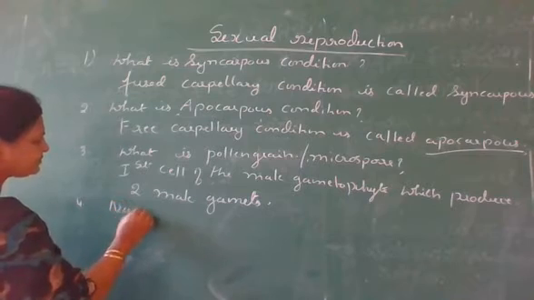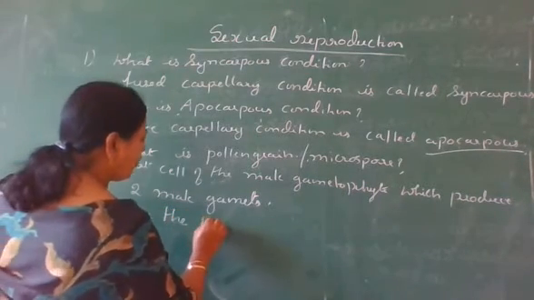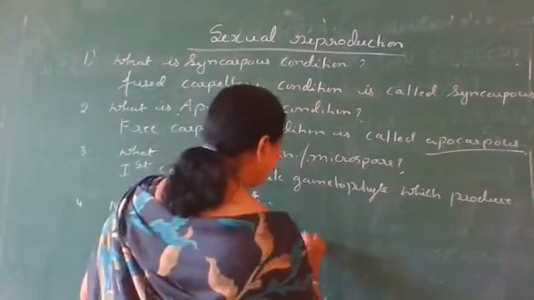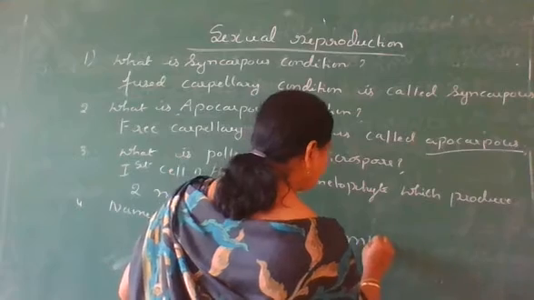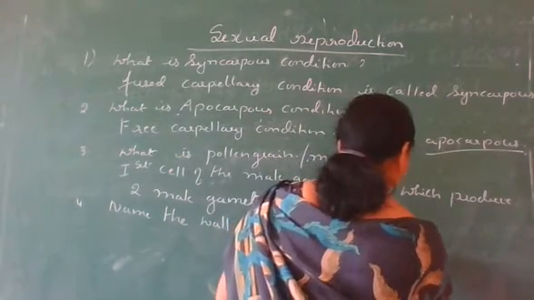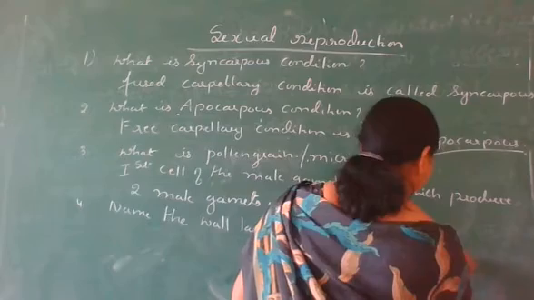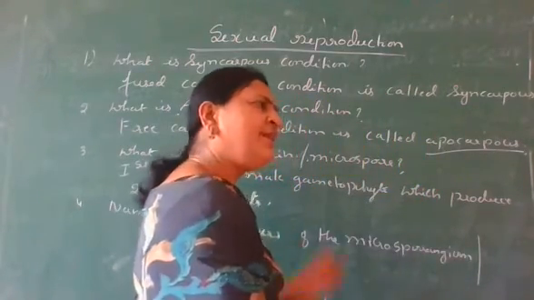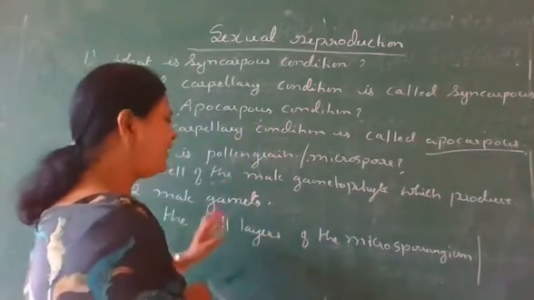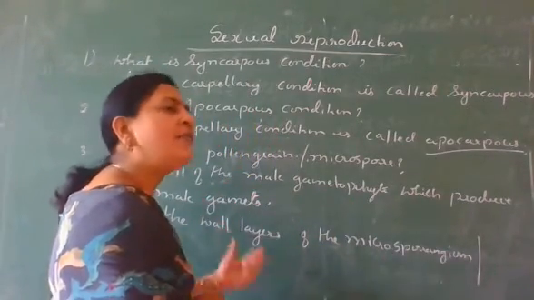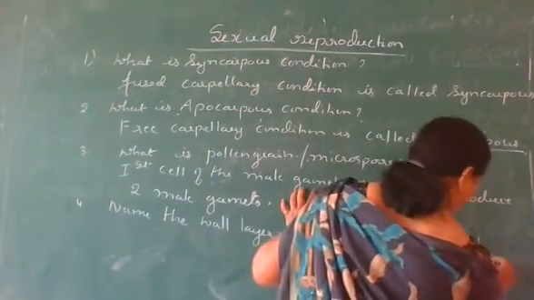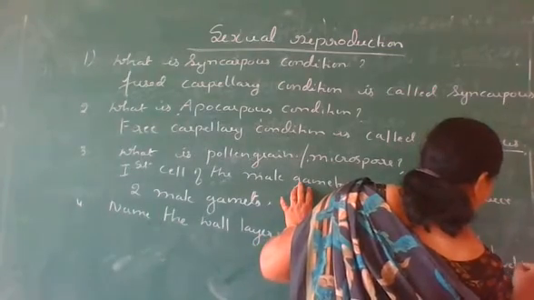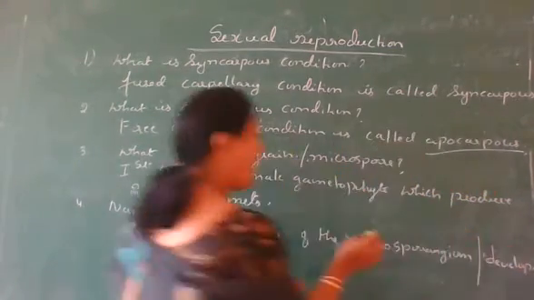Now, name the different wall layers of the microsporangium, or the developing anther.